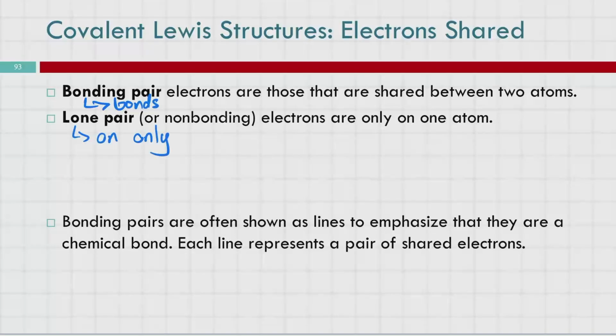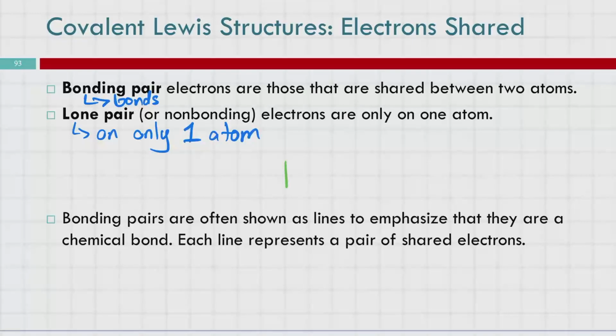Let's look at our structure from before for water. We had said that these pairs between are shared because they're between 2 symbols. So if you're between 2 symbols, that means that they are sharing.